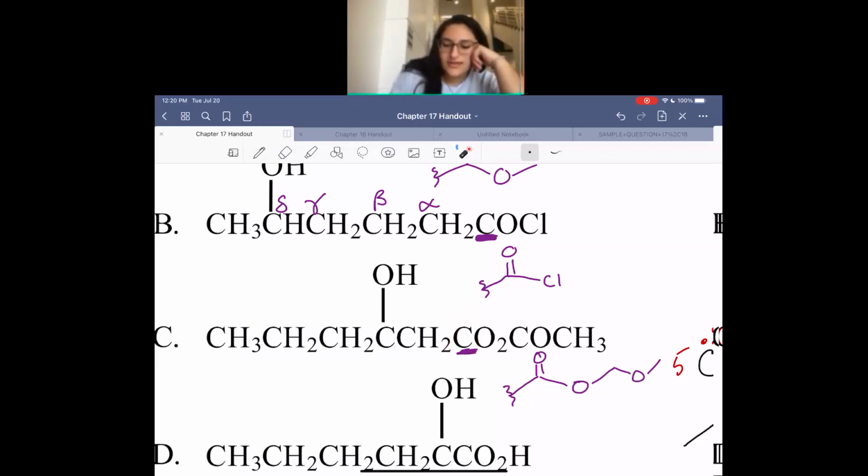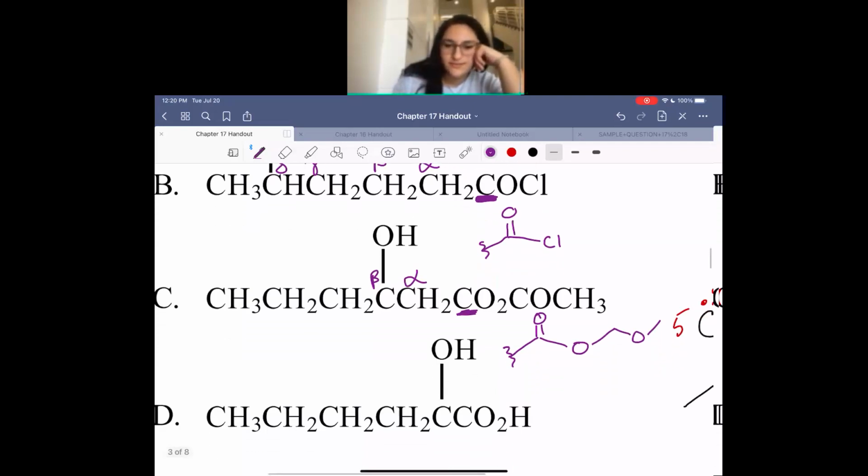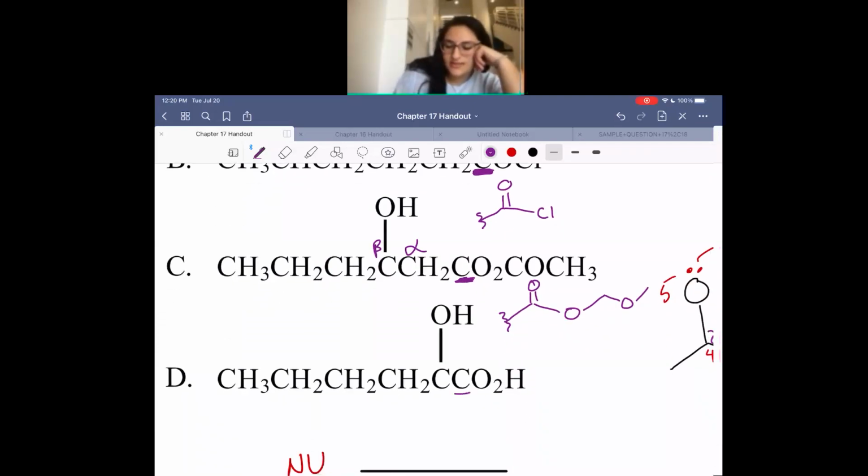So this is the carbonyl. We say alpha, beta. Beta carbonyl equals a beta lactone. We don't want that. Last but not least, this is a carbonyl carbon. We have a carboxylic acid. So this is our alpha position.